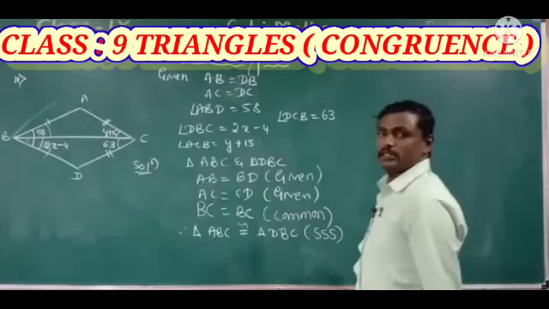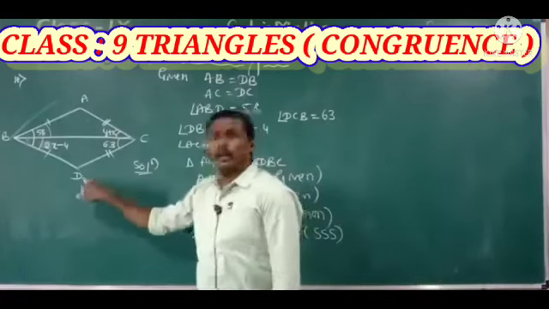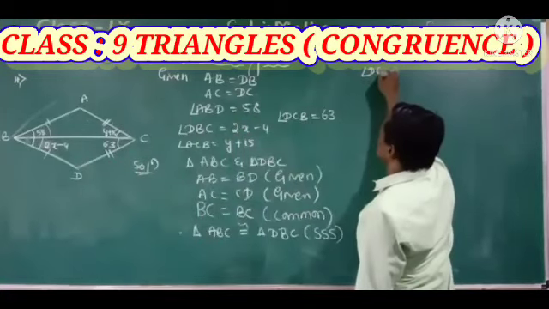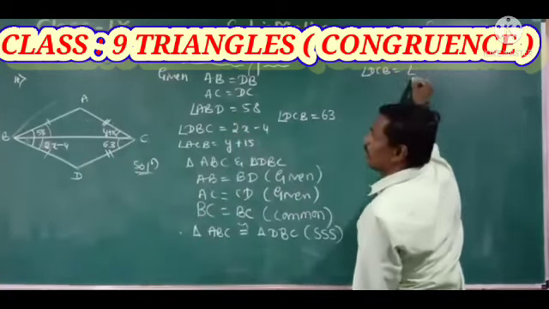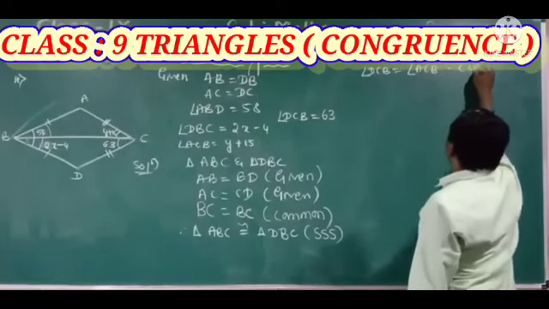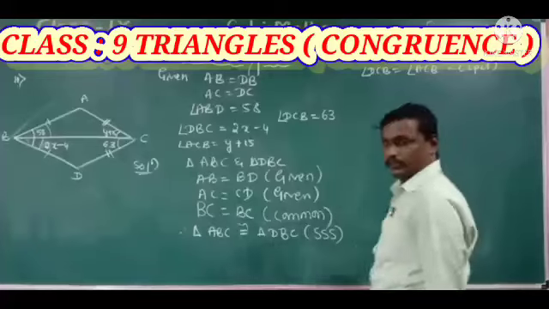One more, angle DCB is equal to angle ACB. Again these two angles are equal by CPCT, right?